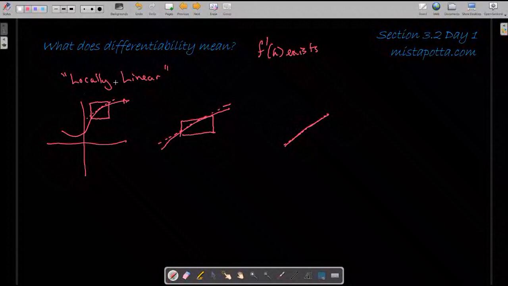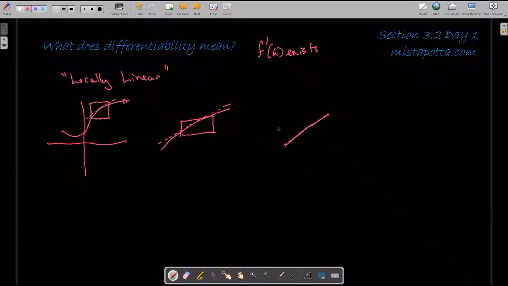So in other words, we call it locally linear if, for sufficient zooming in, my function really doesn't differ from the graph of the tangent line. So my graph, as I zoom in closer and closer, looks like a straight line. So from a graphical standpoint, that's what differentiability means to us.